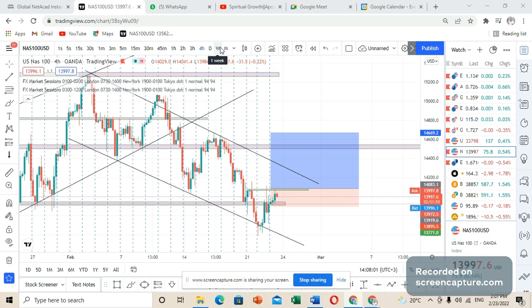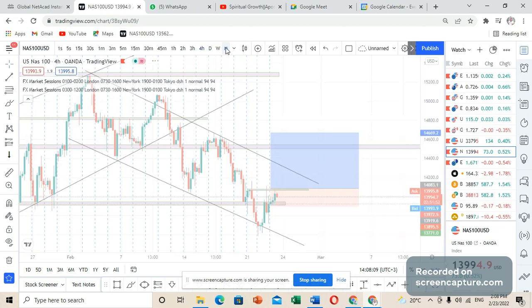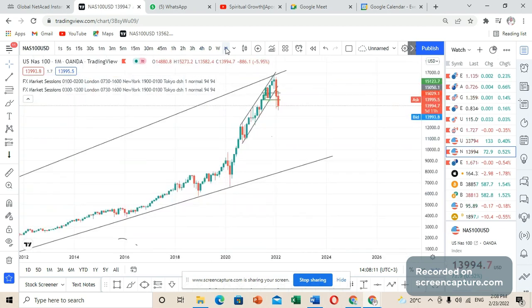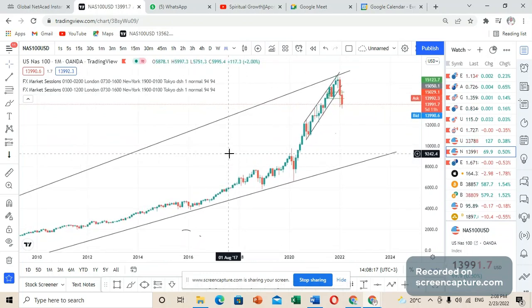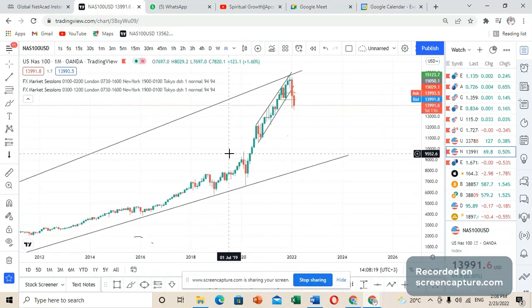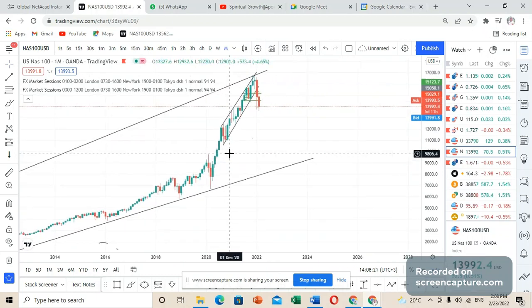But without much saying, I'd like us to just move straight to the charts. Today we'll be analyzing the NAS 100, or as most of you know it, the Nasdaq. As we have always known it, this is one of the indices in the forex market, which are mostly buy indices.